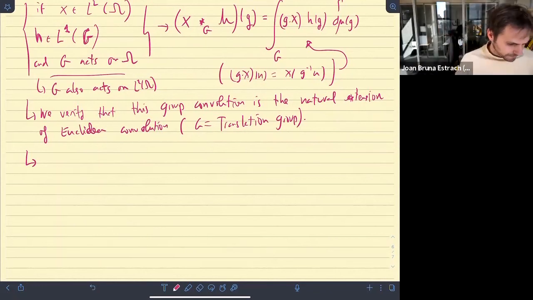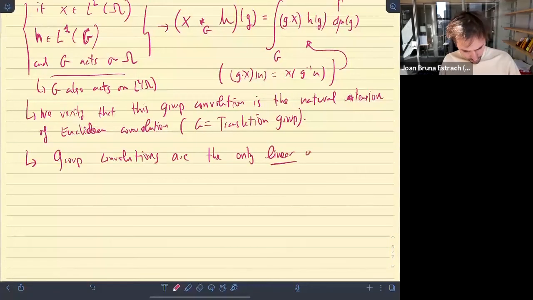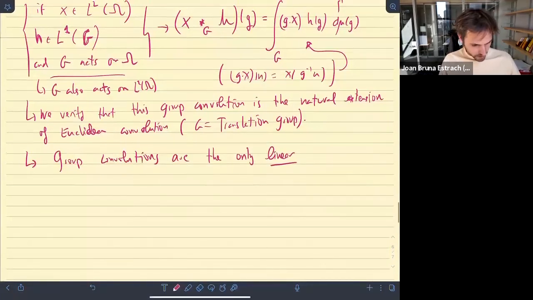Here we have the same thing: group convolutions are the only linear operators that are G equivariant.